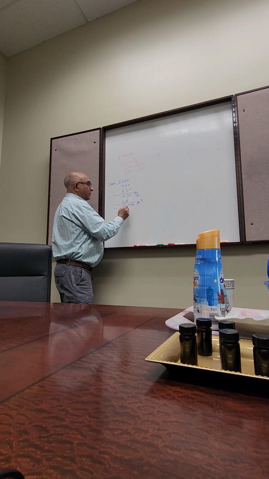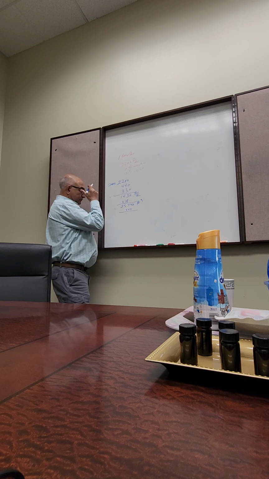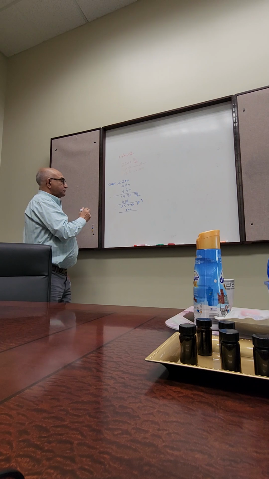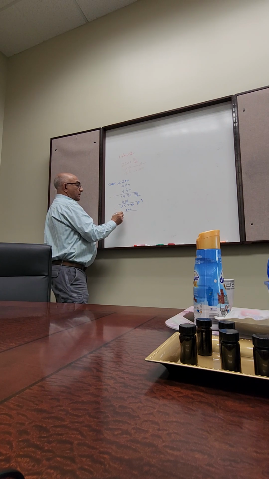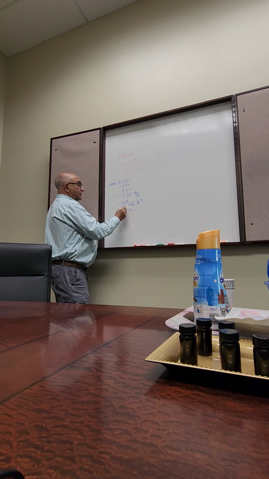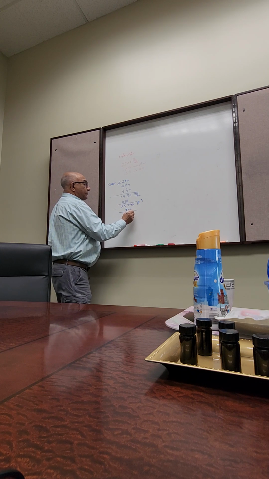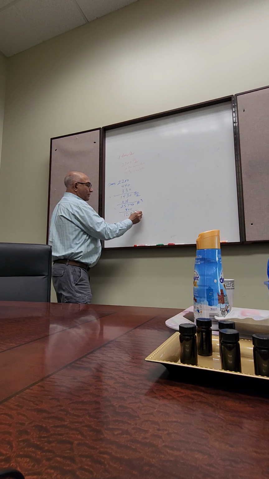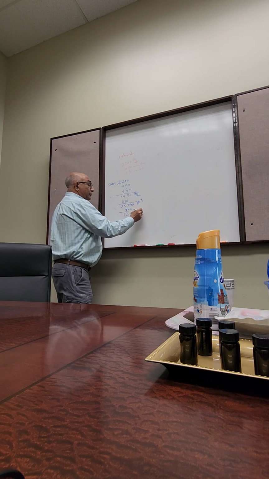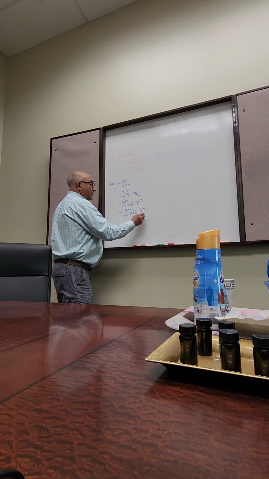And multiply by 500. It's 12,870,000. So 12,800,000, forget about the 70, BTU per hour, okay?